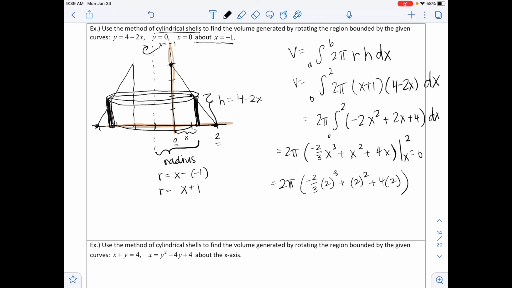And then substituting in 0, we just get 0. From here, we can simplify this and combine our fractions together, but we end up with 2 pi times negative 16 over 3 plus 4 plus 8. And working this out, again, getting a common denominator or using your calculator, we arrive at 40 pi over 3.